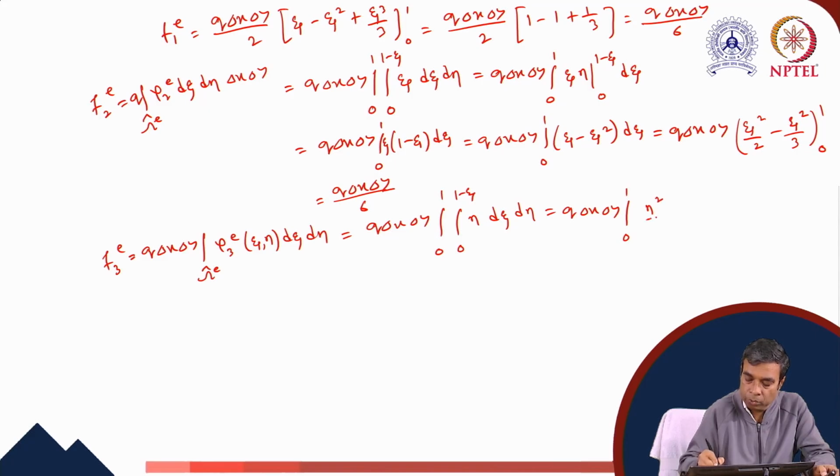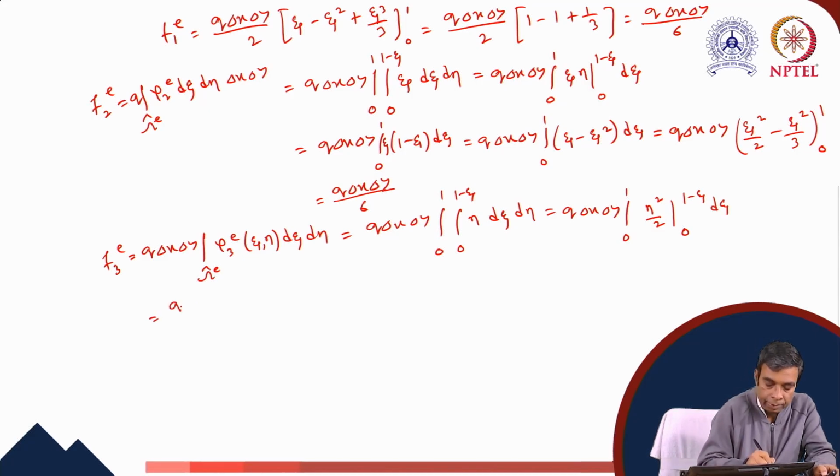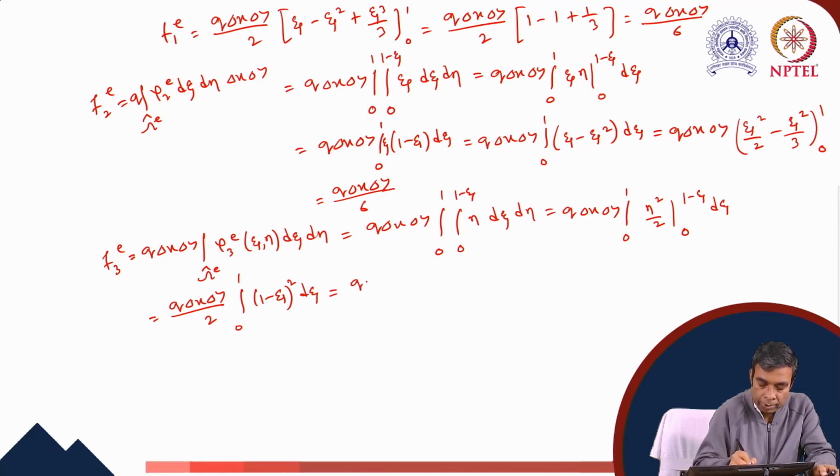eta square by 2 varying from 0 to 1 minus xi d xi, equals q delta x delta y by 2 integration 0 to 1 of (1 minus xi) whole square d xi, equals q delta x delta y by 2.